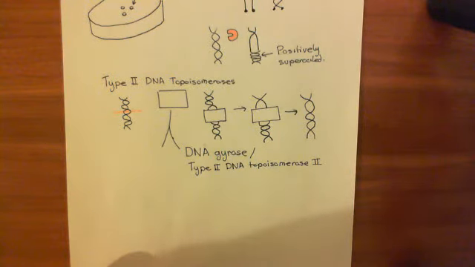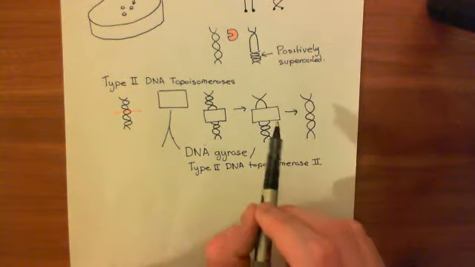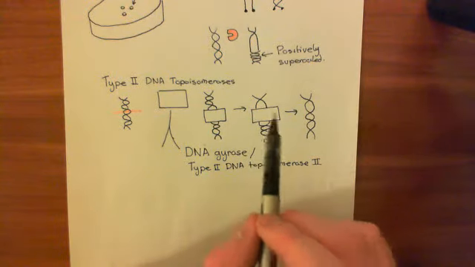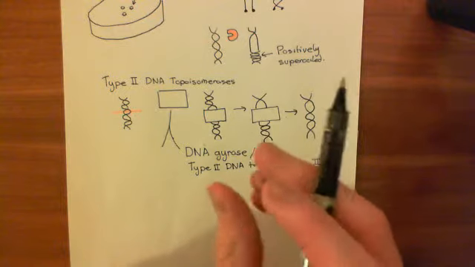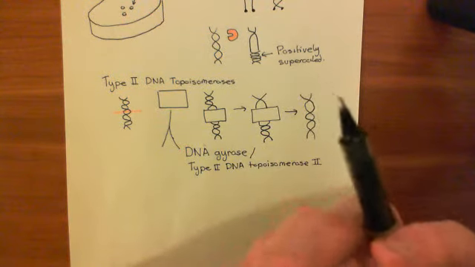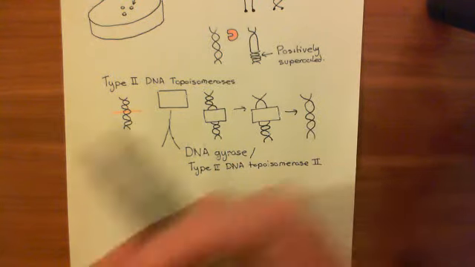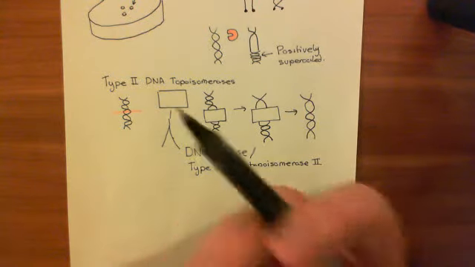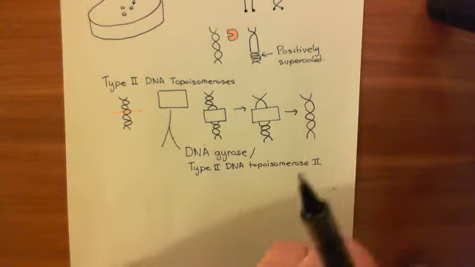Some of the ones we're looking at uncoil the DNA, i.e. their linker number, which is how many twists they remove, is -1. So they remove one twist, and therefore their linker number is -1.